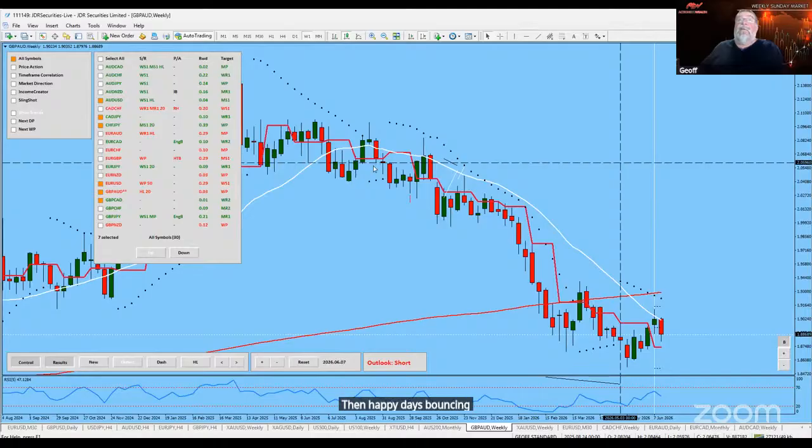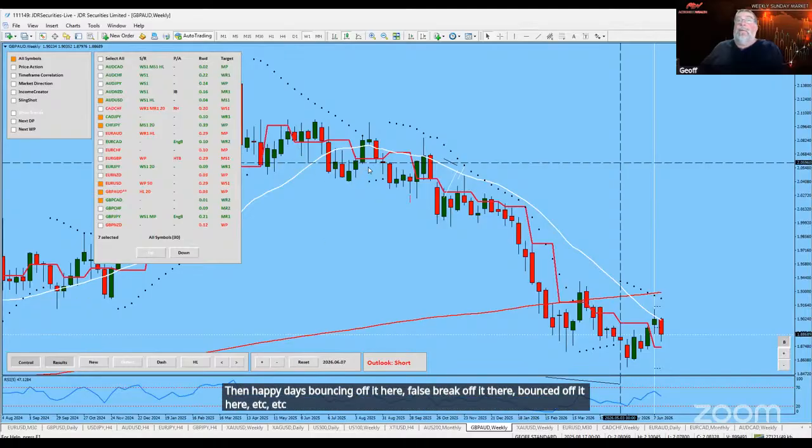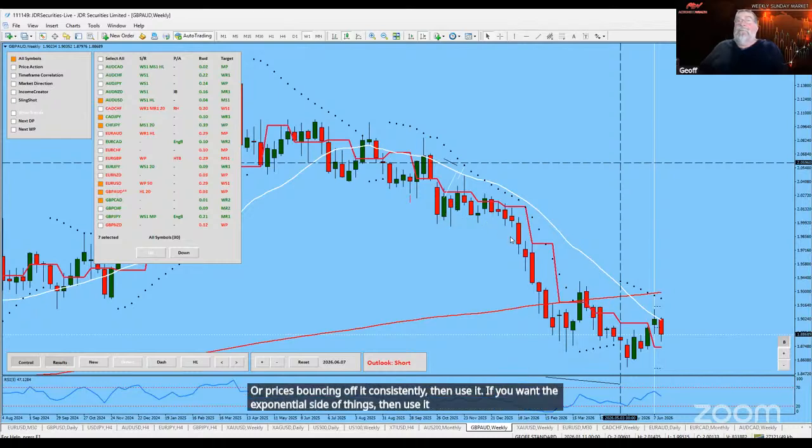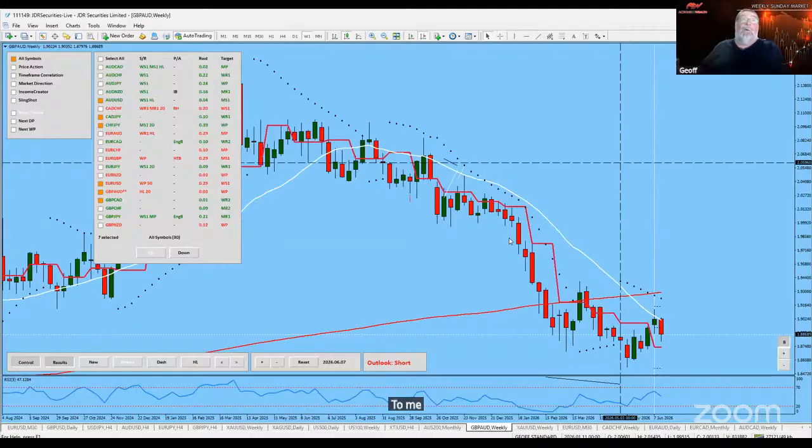Bouncing off it here, false break off it there, bounced off it here, etc. Make the moving average fit the narrative or fit the chart would be my answer. If the 21 simple moving average is working or price is bouncing off it consistently, then use it. If you want the exponential side of things, then use it. To me, that's logic, and logic normally wins the day with me.